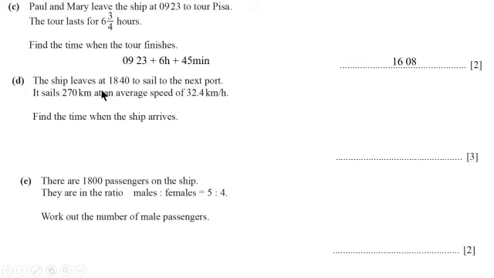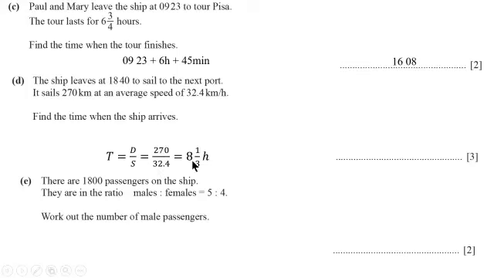D. The ship leaves at 18:40 to sail to the next port. It sails 270 km at an average speed of 32.4 km per hour. Find the time when the ship arrives. Of course, at the first step we must calculate the time according to distance over speed, but please check that you have homogeneous units. We have kilometer here, we have kilometer per hour here, okay? So just divide 270 over 32.4.